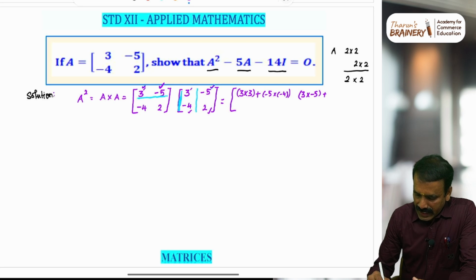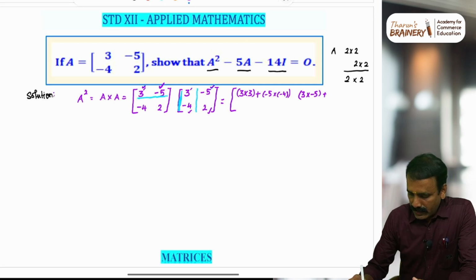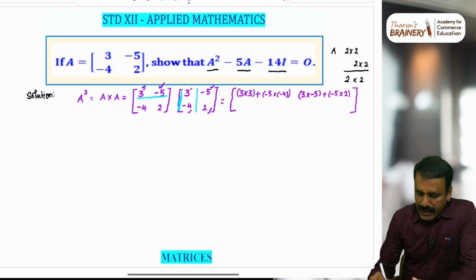So minus 5 has to be multiplied with 2 now. So minus 5 multiplied with 2. So first row is multiplied with both the columns.